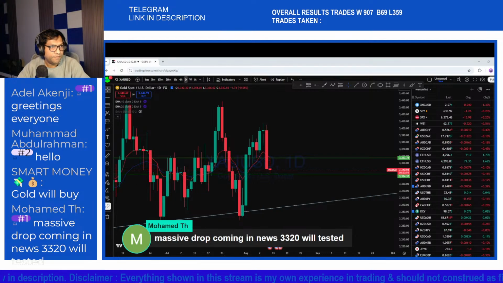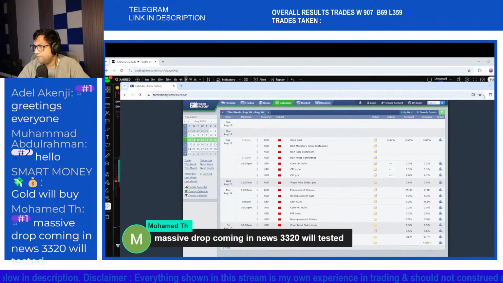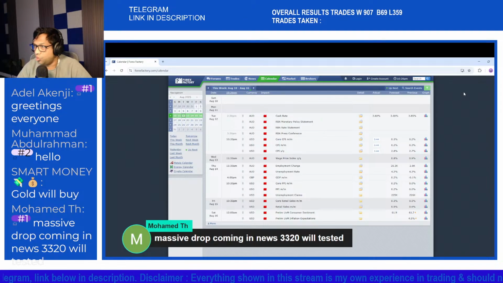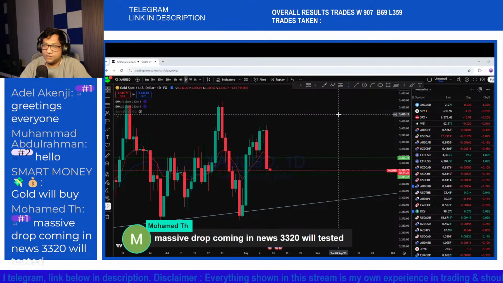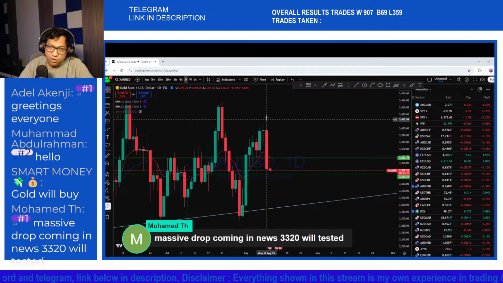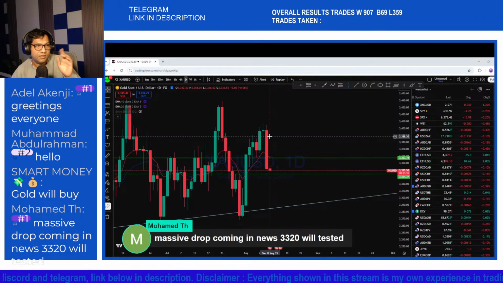If you look at the CPI, the data definitely is a market mover, and there is one probability here that the gold might drop due to the news because of the previous daily move.